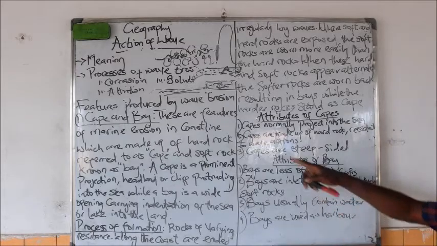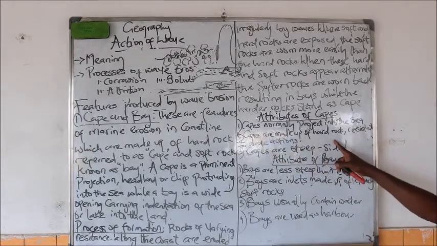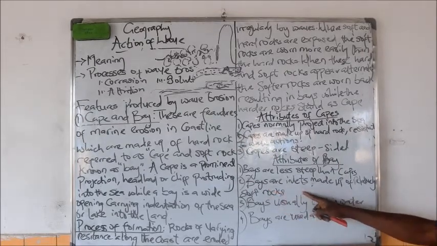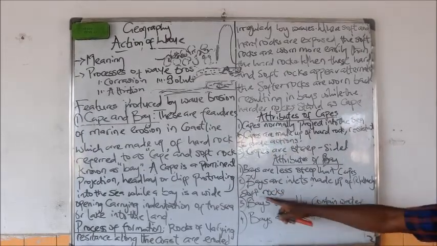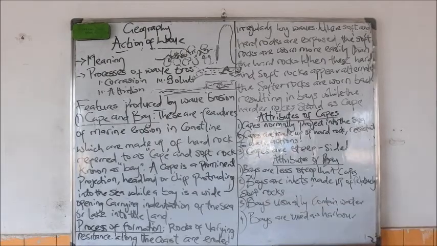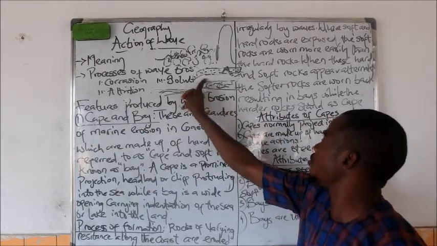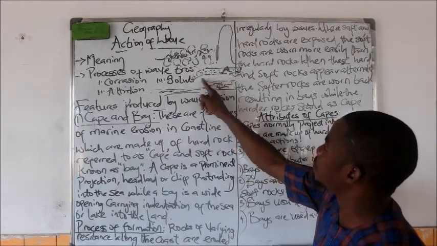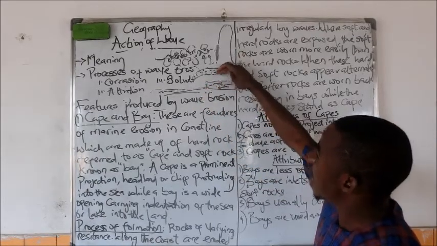Now, capes are made up of hard rock. Bays are inlets made up of what? Relatively soft rocks. It's an inlet because one can enter it like this, because this is what has been produced within the hard rock.